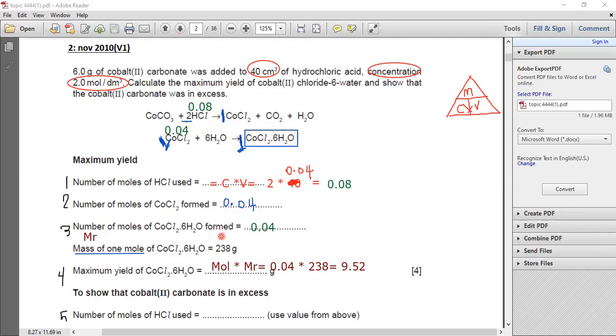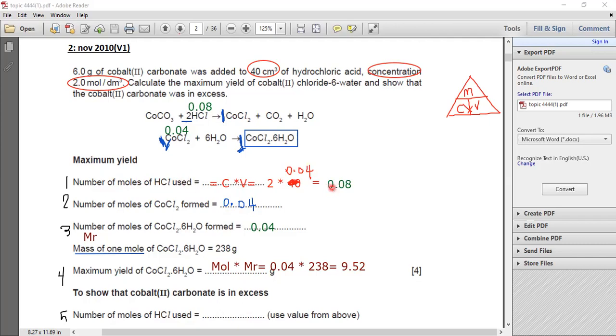Now, number of moles of HCl used. What is the number of moles of HCl used? Equal what? We did it here. 0.08.